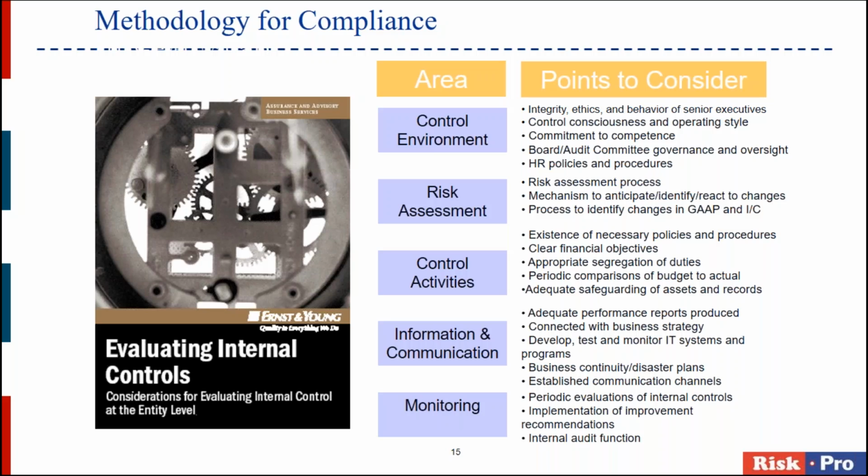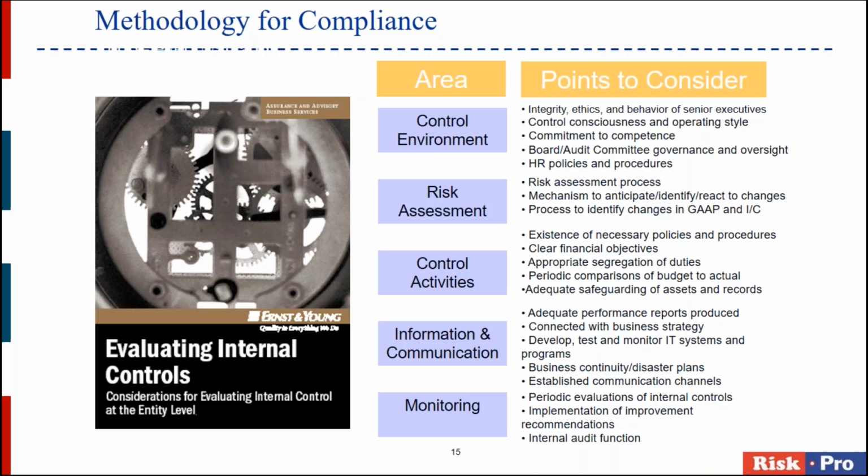So under each one of these areas, we have got controls identified, and the critical points to consider are whether the control environment is working fine. Under the control environment, what we have to consider are integrity, ethics, behavior of executives, control consciousness of the organization, etc., whether they are working in order or not.